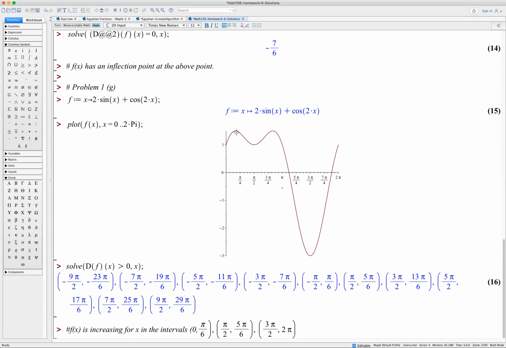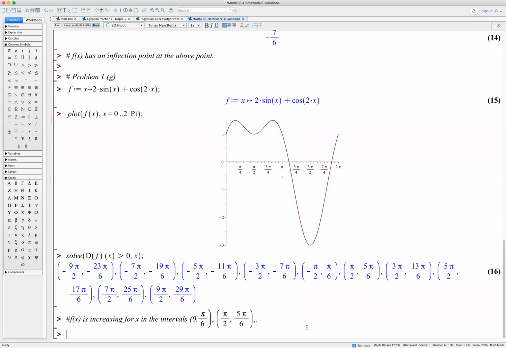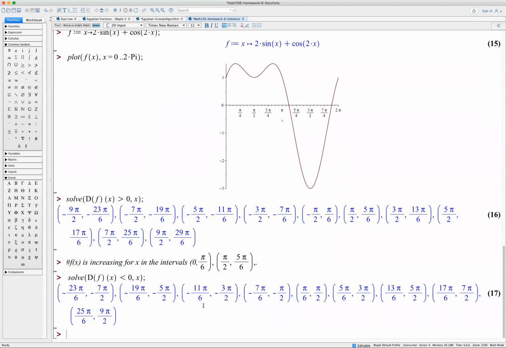So here it's increasing. Here it's increasing. Here it's increasing. There are 3 intervals, and that's what we found. All right. Where is the function decreasing? Where the derivative is negative. And we get a lot of intervals, but the only ones we're interested in are the intervals between 0 and 2 pi.